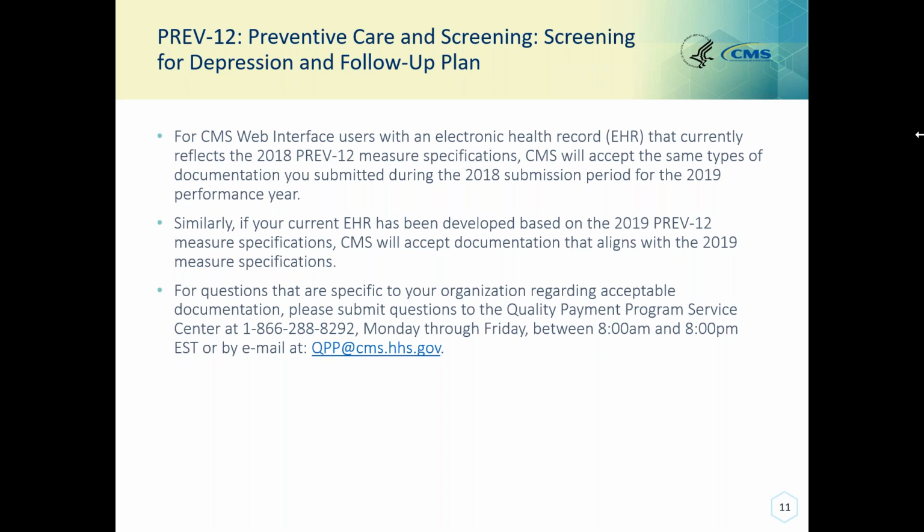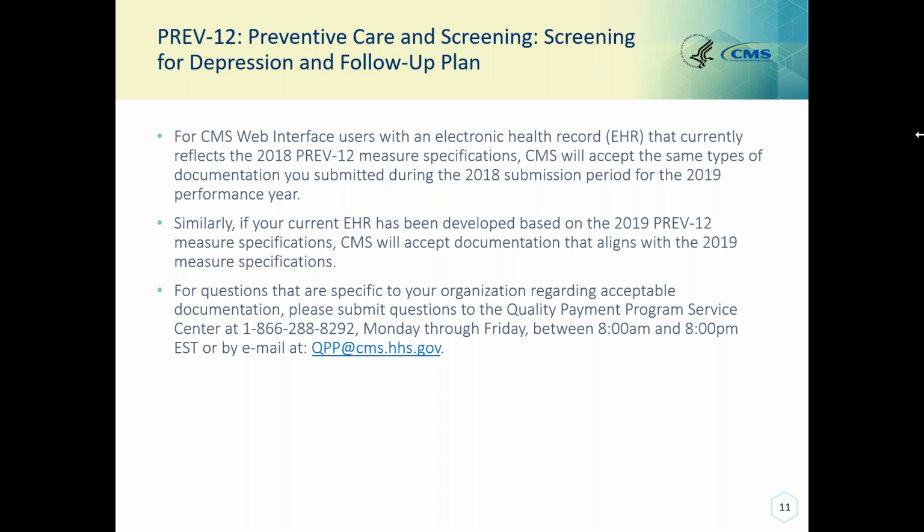Does that answer your question? Yes, ma'am. I do have a part two, just an example of that. Let's say for the PREP 13 statin measure, the claims data is coming from another organization saying that they have ASCVD, but we have no record of that in any of our documentation for that patient. Is it okay to just put no diagnosis? I think if you don't have medical record documentation outside of a claim, you wouldn't use that to confirm.